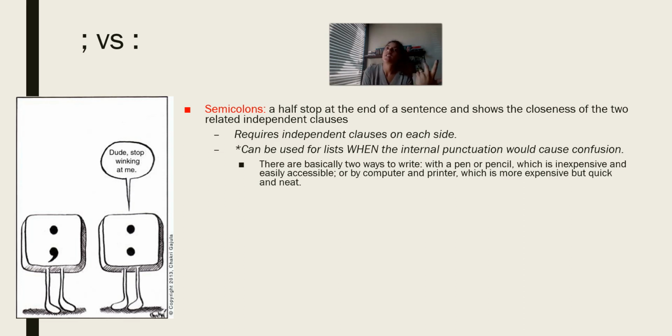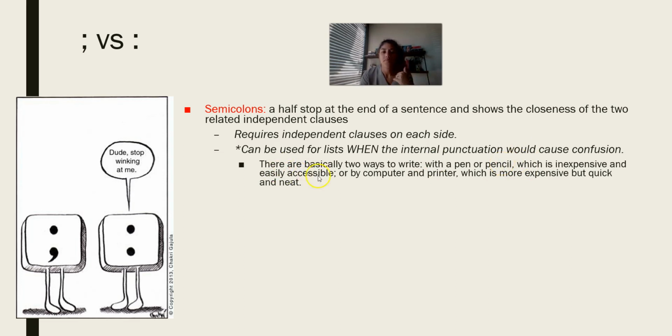So basically think, are my sentences so closely connected that it doesn't fully make sense if you only read one of them? If that's the case, then put a semicolon in place of a period. Sometimes semicolons are used for lists with a lot of internal punctuation, like commas already, where it's kind of confusing.